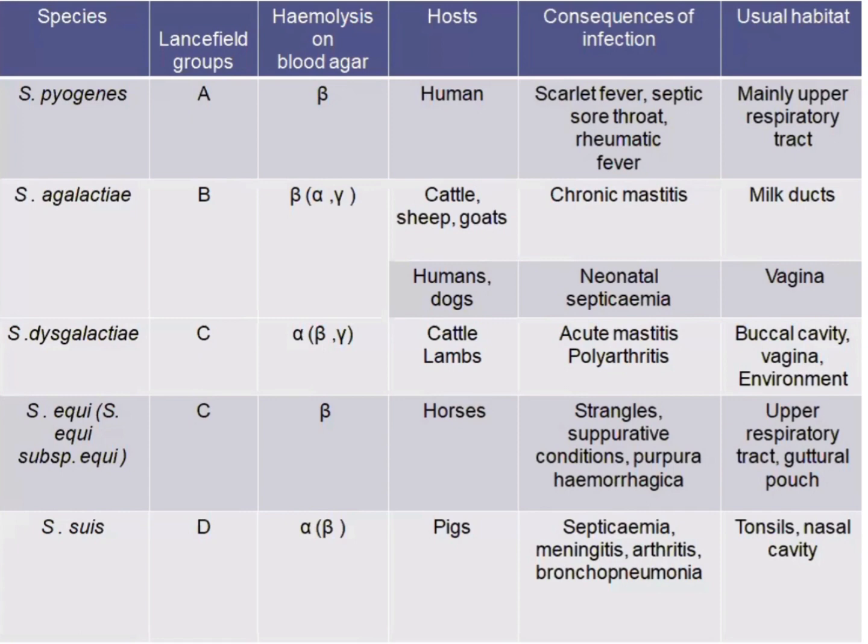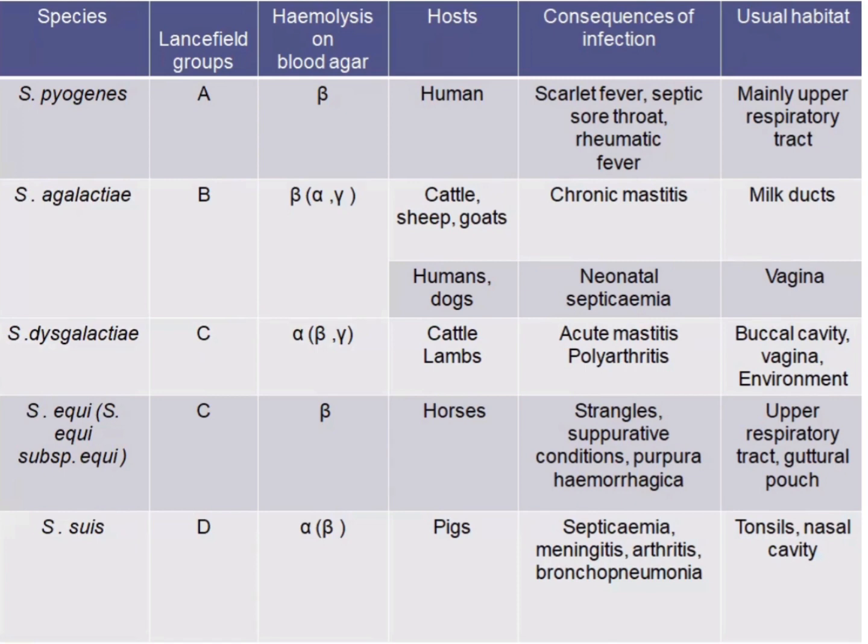Next species, Streptococcus suis. The Lancefield group is D, and hemolysis on blood agar is alpha or may also be beta. The host is pigs. Septicemia, meningitis, arthritis, and bronchopneumonia are commonly caused by it in pigs, and the usual habitat is the tonsil and nasal cavity.